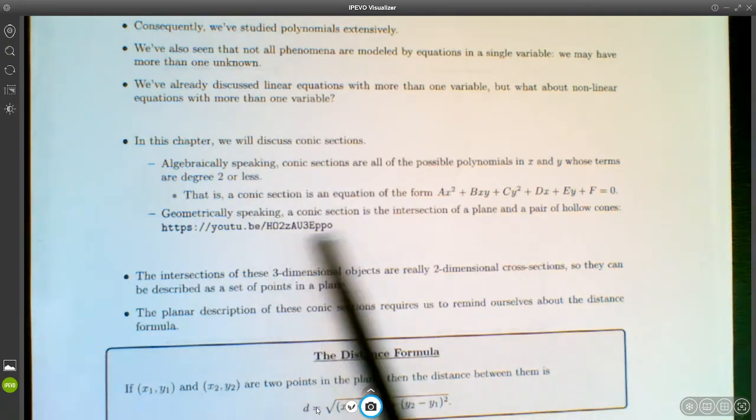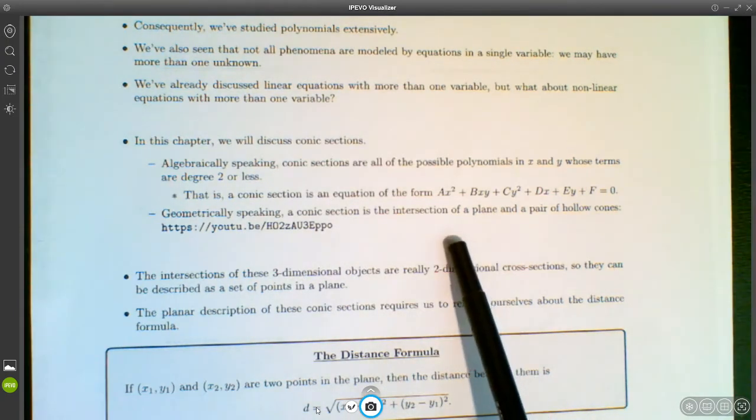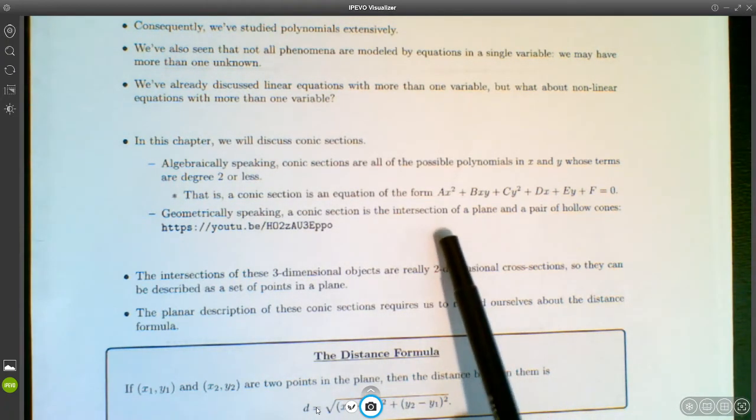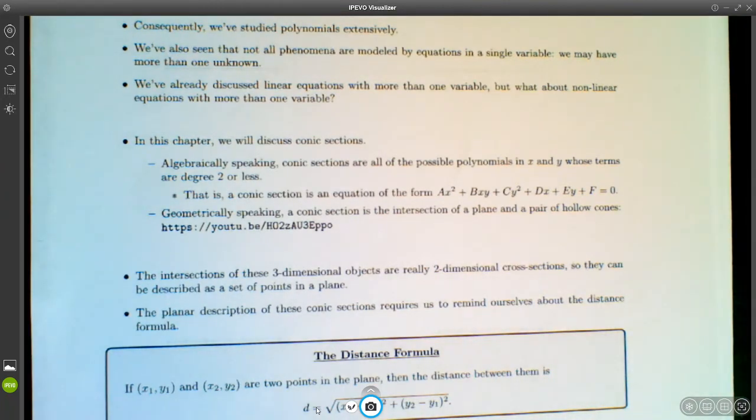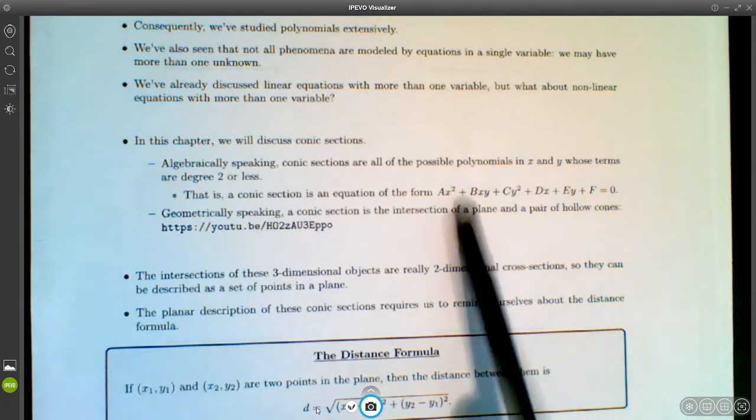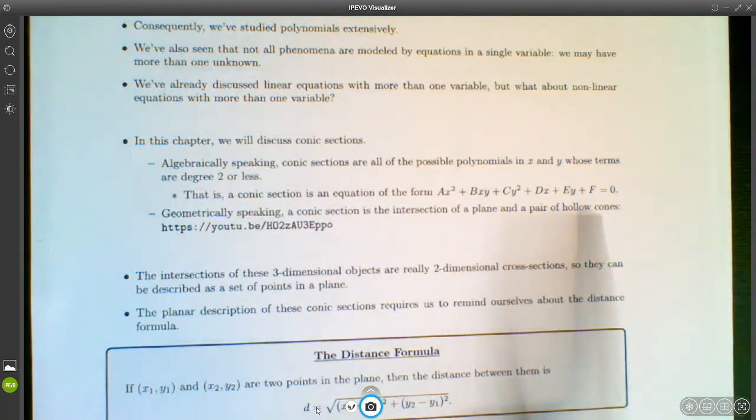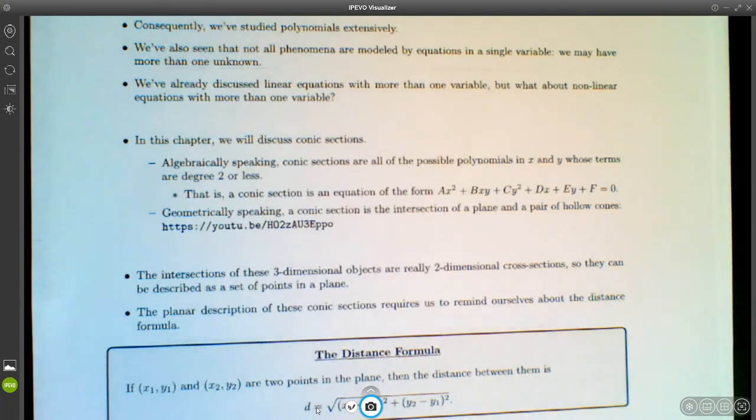It shows you how all of the conic sections are really an intersection of a plane and a pair of hollow cones. And so that's why we call them conic sections, even though algebraically speaking, it's like, what does this have to do with a cone, right? But you get the idea when you look at the geometry of it.